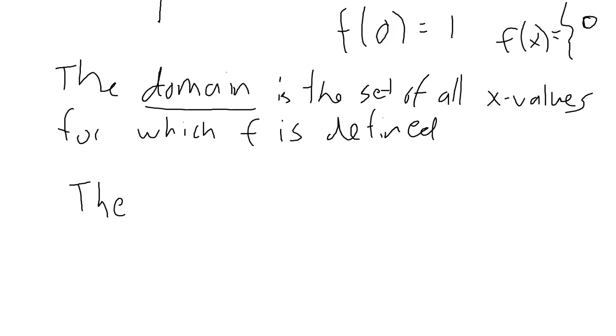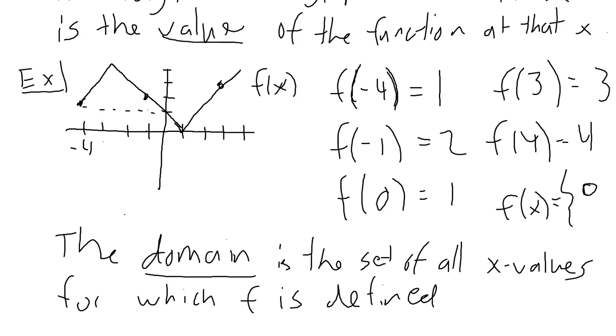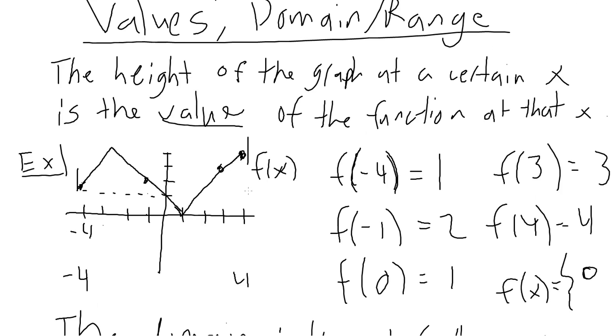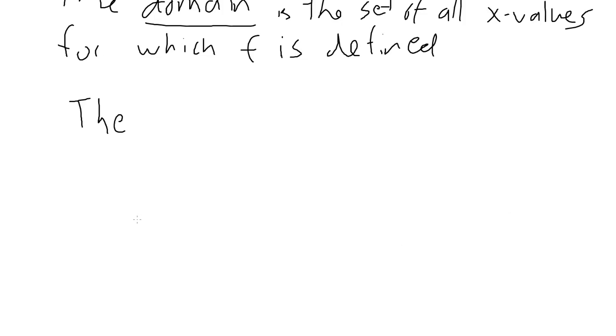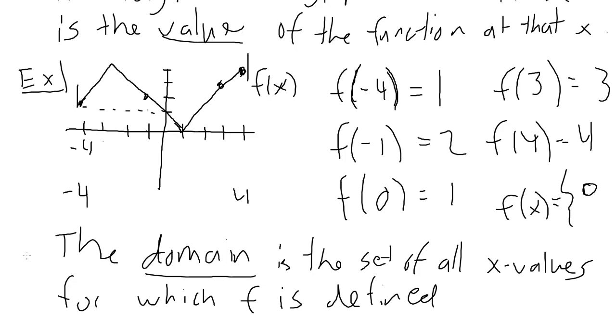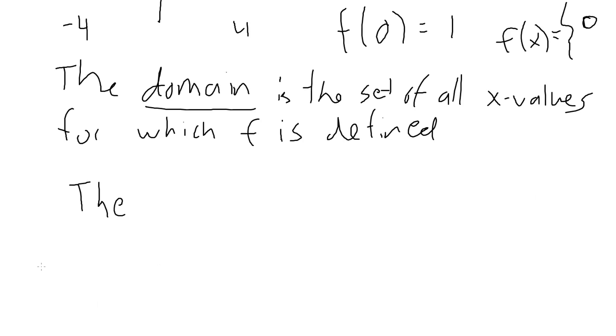But specifically for functions, what you'll see a lot of the time is that it'll only say that the function is defined on a certain interval. So if I drew a point right here and said this is the entire graph of f, then that means this function is only defined from -4 to 4. So the domain wouldn't be all real numbers just because there's no 1 over 0 or square root of a negative. It would at most be just all the x's from -4 to 4, because that's the only thing the function's defined on.